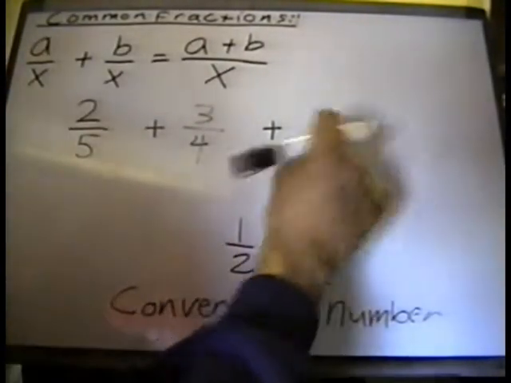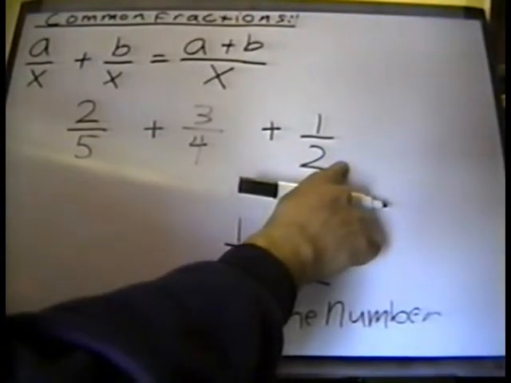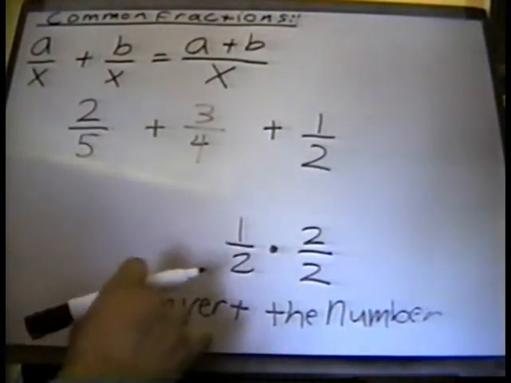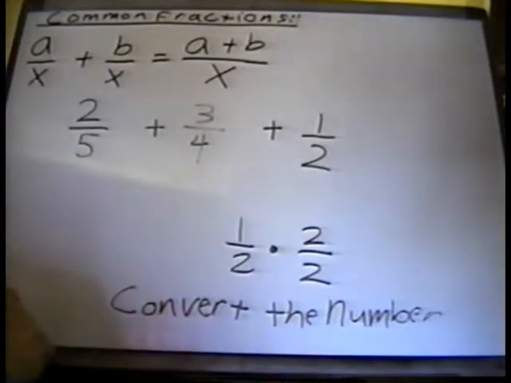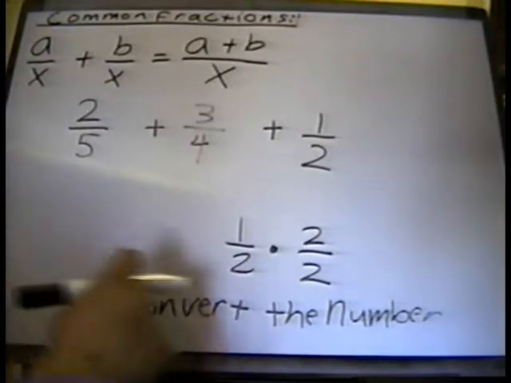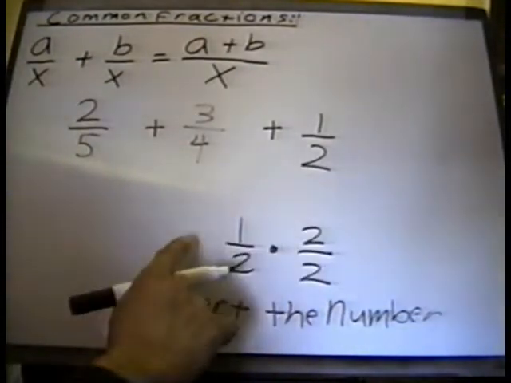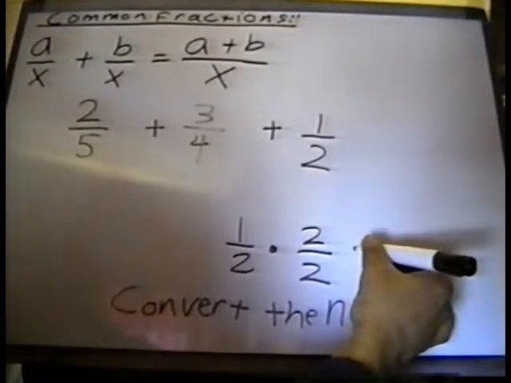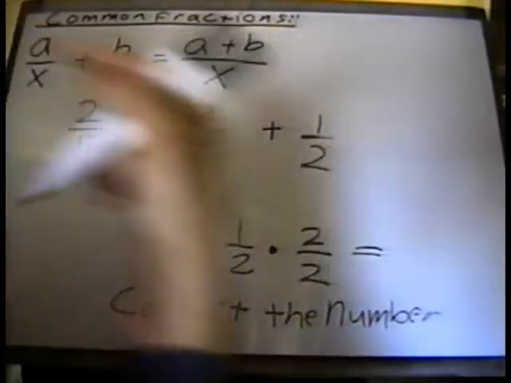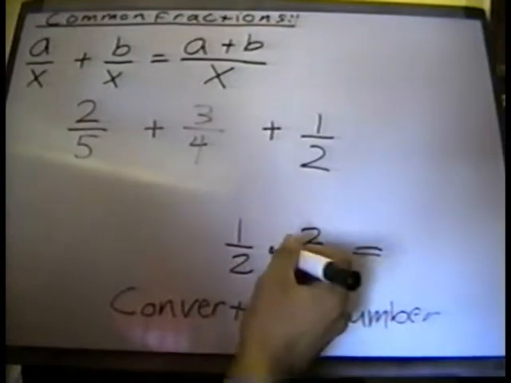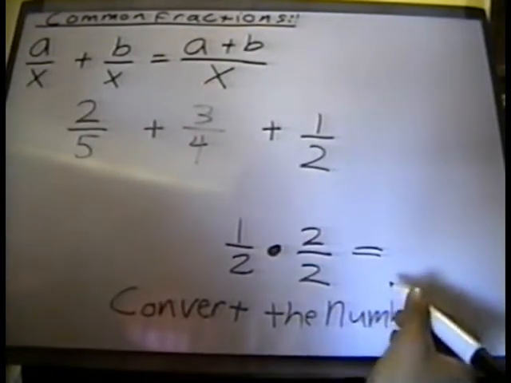Meaning to multiply the bottom by 2 would be wrong, because whatever you do to the denominator, you have to do that same thing to the numerator. If you're multiplying or dividing, and if you hope to keep the fraction equivalent, you have to multiply both the numerator and the denominator by the number that you're choosing to multiply it by.